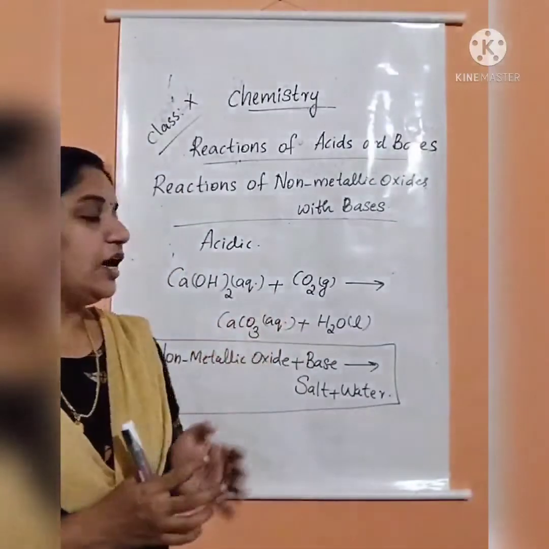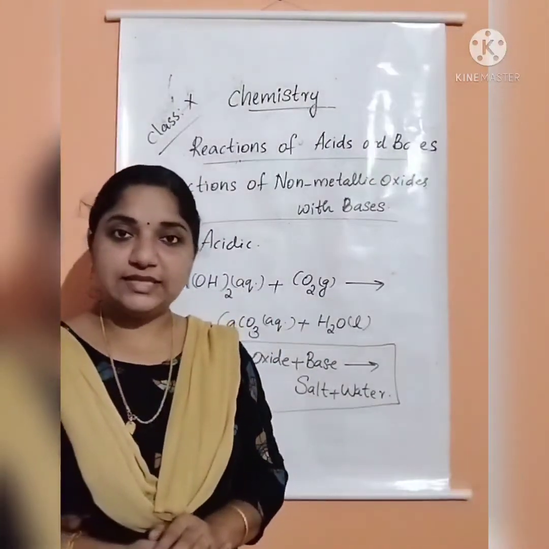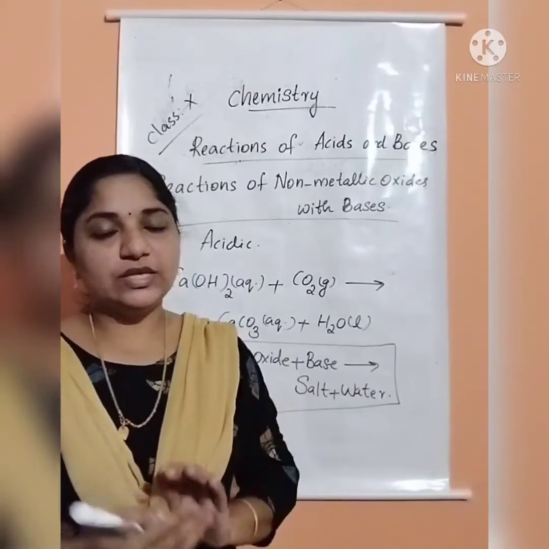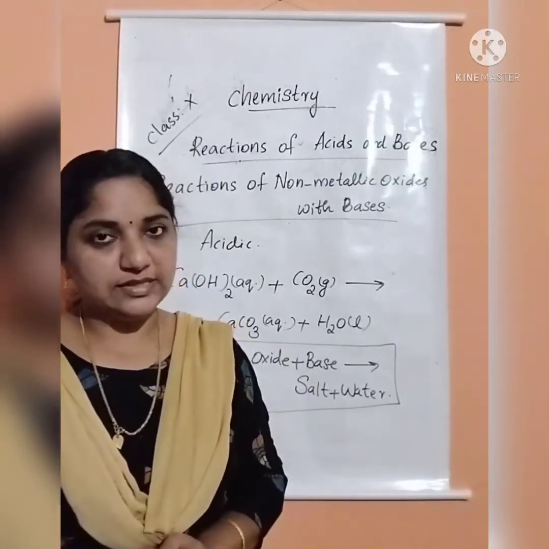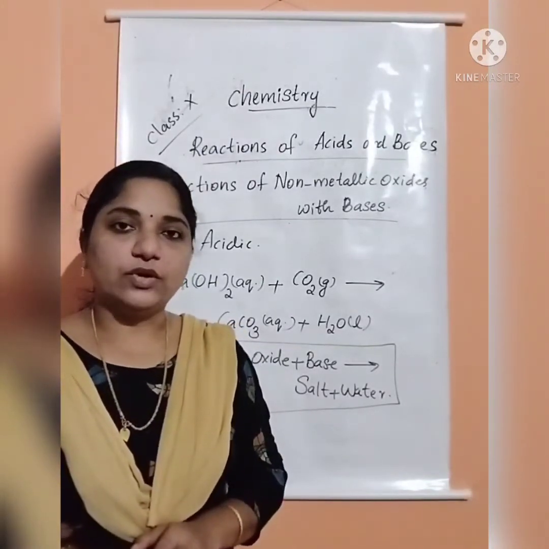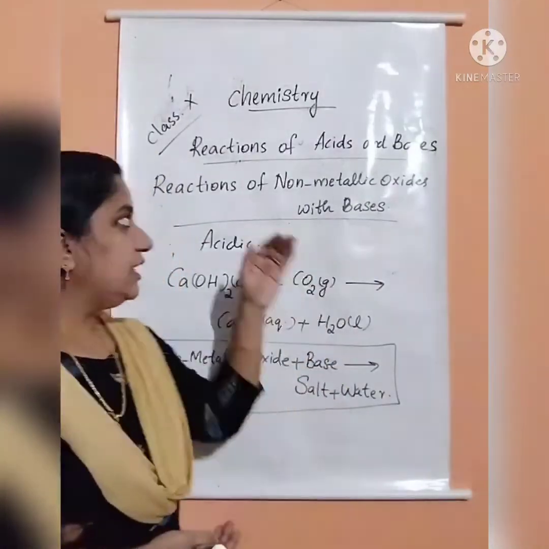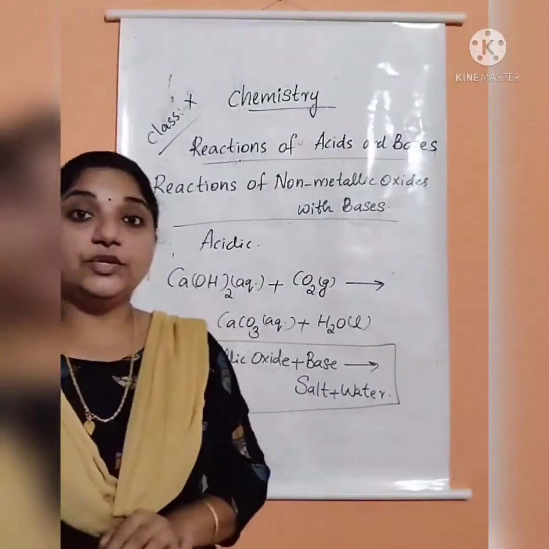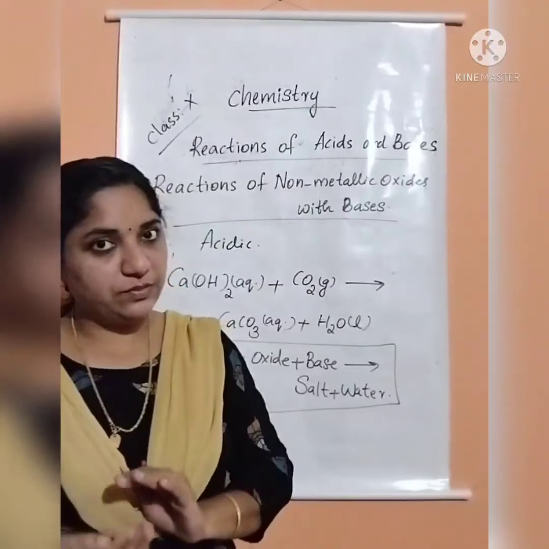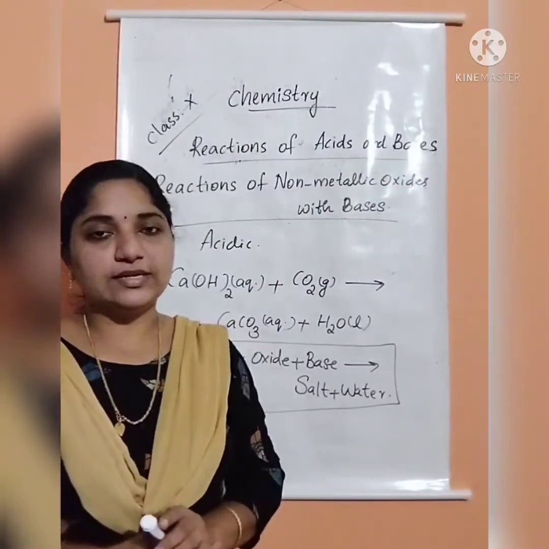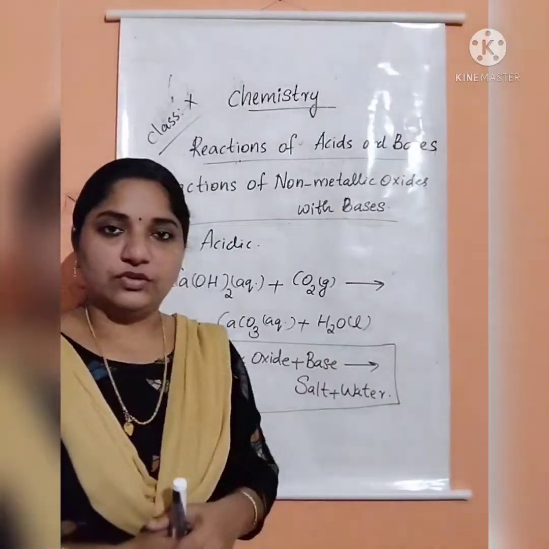The next one, how metallic oxides react with the acids. That is similar to the reaction between acids and bases. The products are corresponding salt and water. And finally, we learned about how non-metallic oxides react with the base. Here also the products are salt plus water.